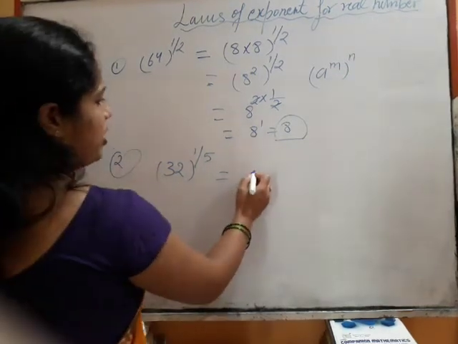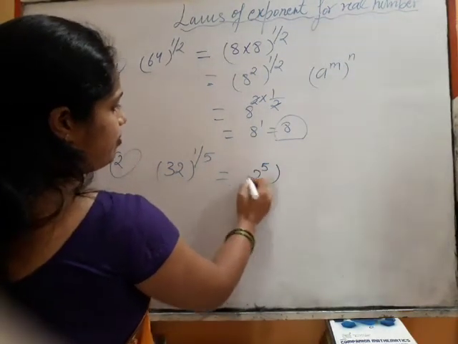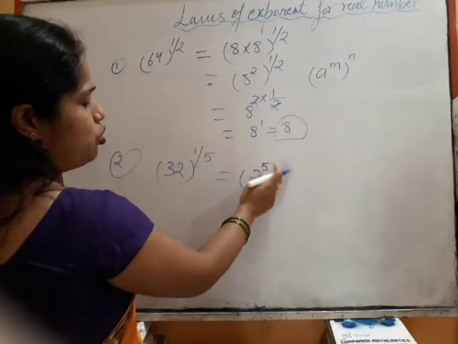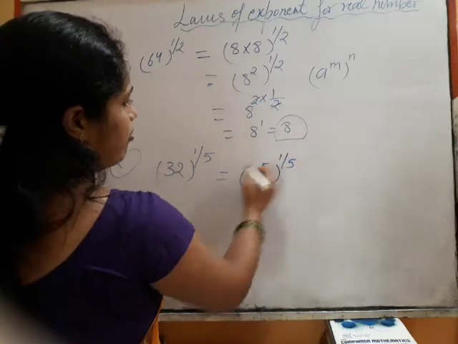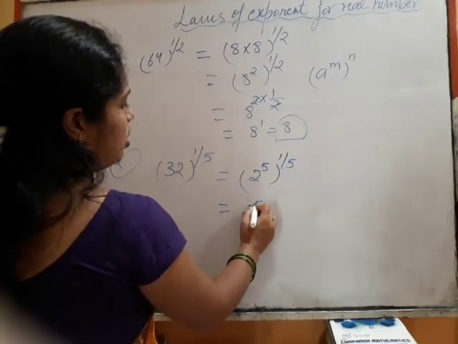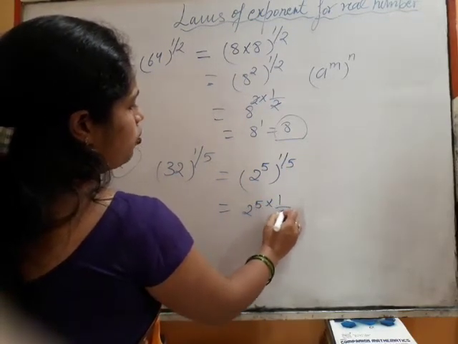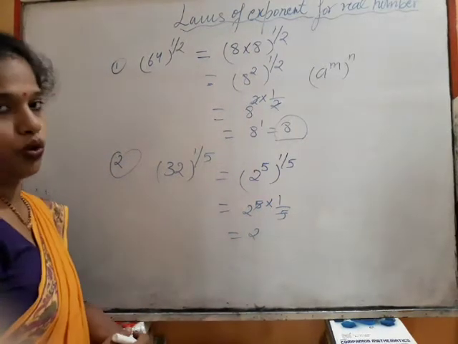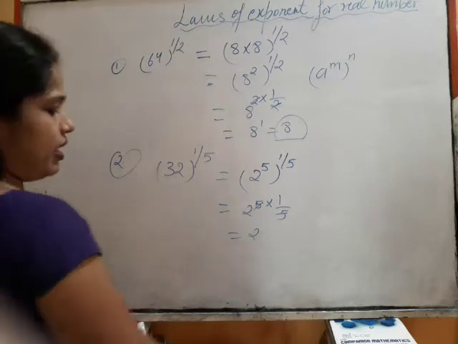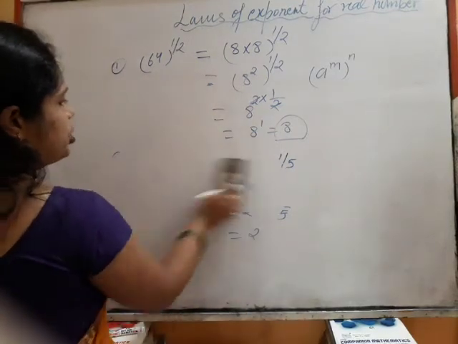Yes, 2. So 2 raised to the power 5, that means we multiply 2 5 times to get 32. Now whole raised to the power 1 upon 5. 2 raised to the power 5 into 1 upon 5. 5 will get cancelled to give us 2. Okay. So in this way we can have these types of questions.